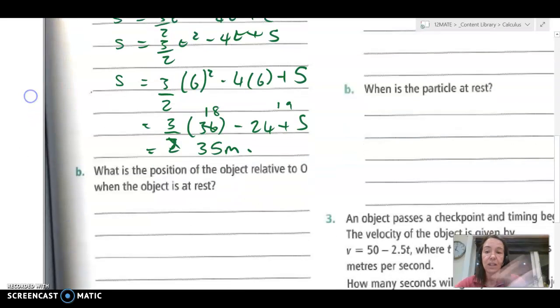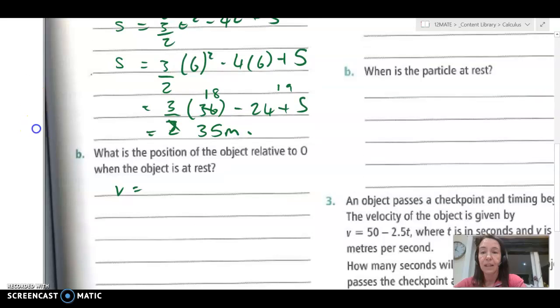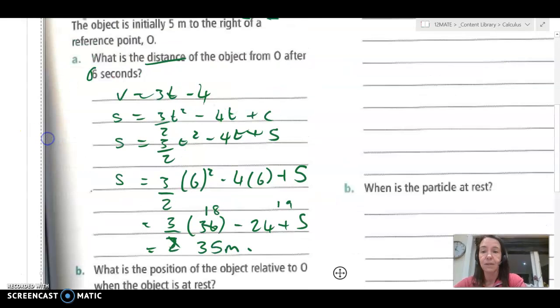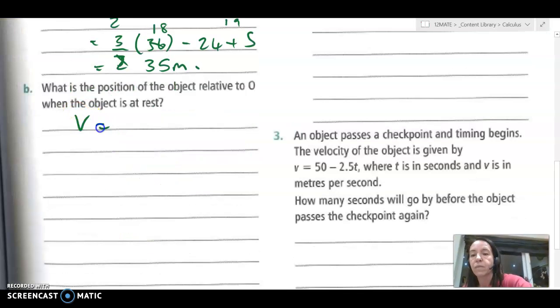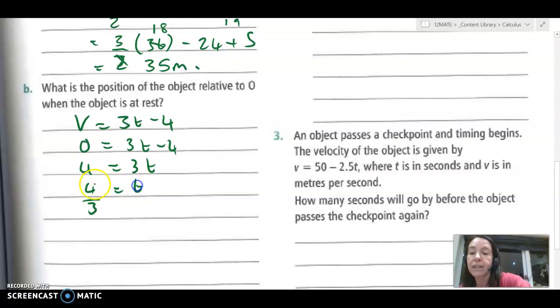So we just need to go V equals 3t minus 4, and I know that that is going to be 0. So 3t minus 4 equals 0, so 4 equals 3t, 4 divided by 3 is t, so that can simplify to 1 and 1/3.